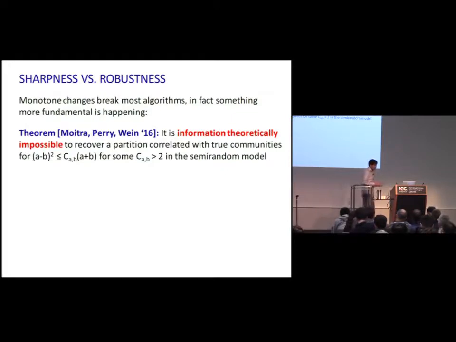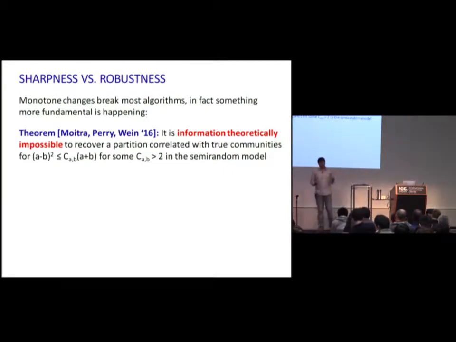So before, the problem was possible if and only if (a minus b) squared is larger than 2(a plus b). But now it turns out that there's a constant c that's actually larger than 2, such that the problem is still information theoretically impossible, even if (a minus b) squared is less than or equal to c times (a plus b).